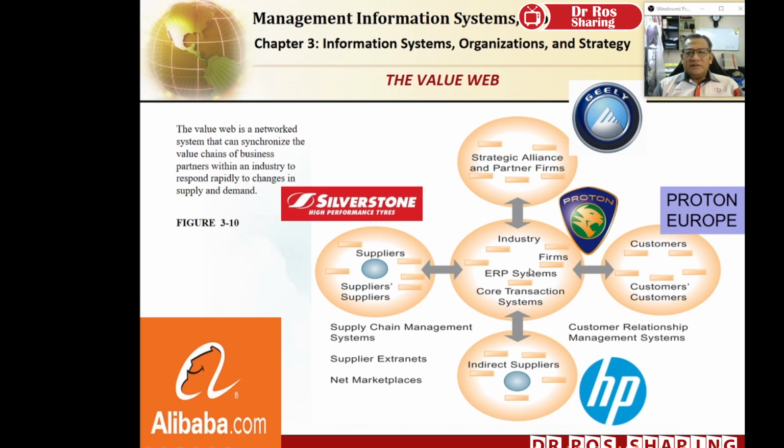So why is it called the value web rather than the value chain? Basically the value is connected within the network: the internet, the intranet, and the extranet connection. In the value web, you have the parent or host company like Proton. Proton's ERP system and supply chain management system are also interlinked with strategic alliance partner firms.